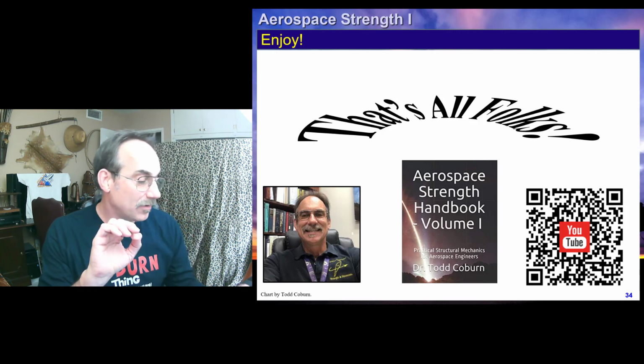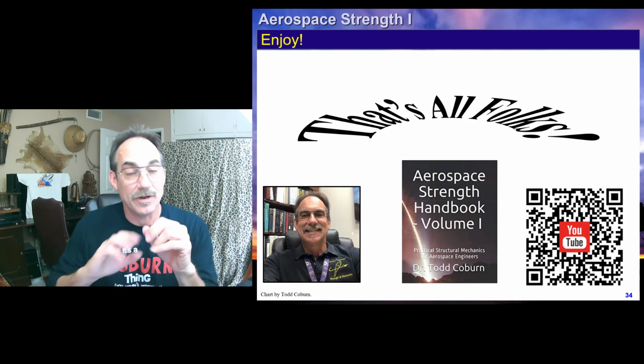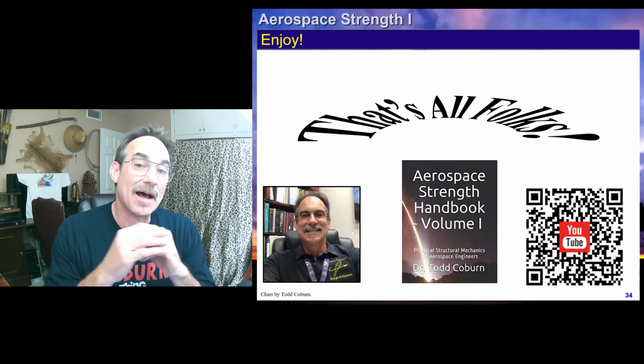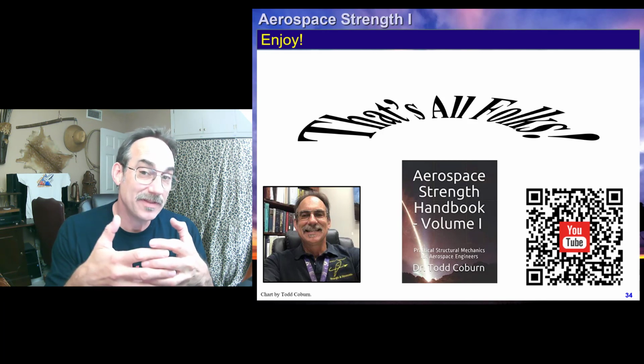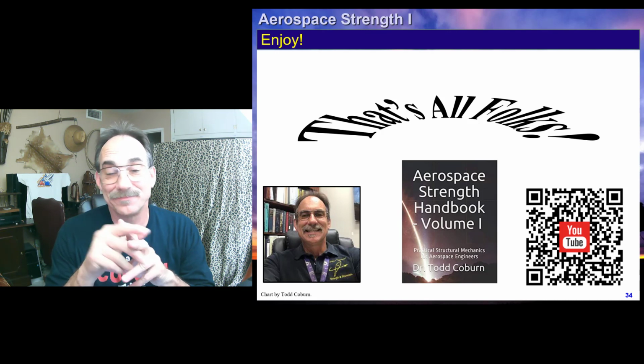These ideas are critical, and it's very important that you take the time to master this material. Once you've done that, you can move on as we learn about multiple section properties within the same section, and then we start looking at deflections. Enjoy.